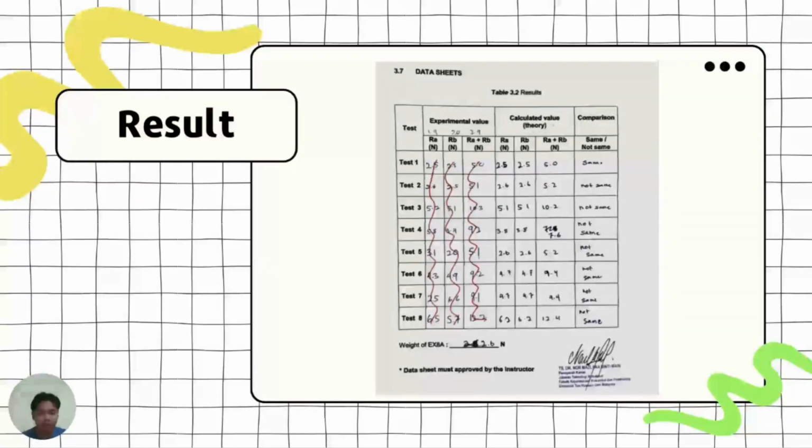For the distributed load, which is the weight of the beam at A, we get 2.6 Newton. The values are not the same in the comparison, because the experimental value reading is from the spring balance, while the calculated value we calculate using the formula.